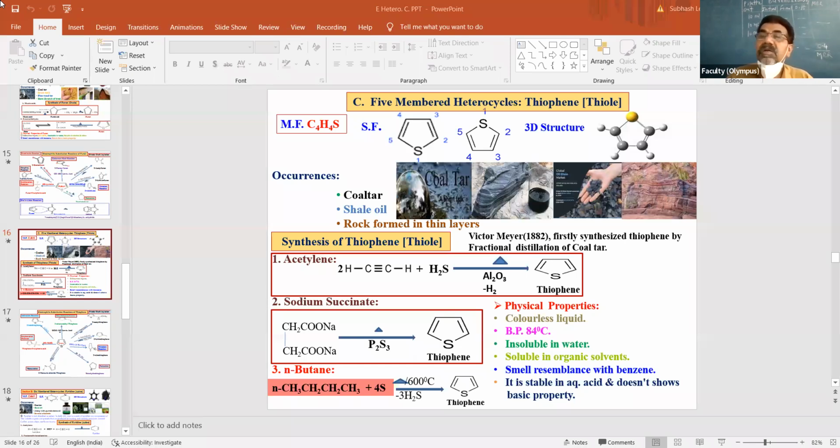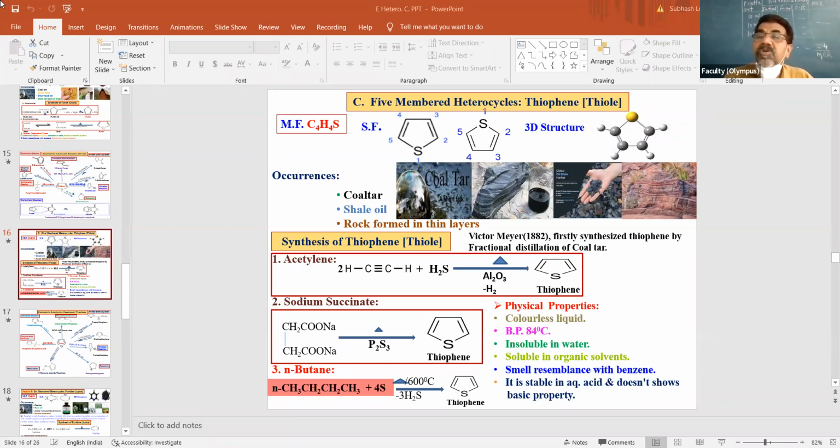That is the third 5-membered heterocyclic compound in your syllabus, called thiophene. Thiophene is also known by its IUPAC nomenclature name, thiole, which is already shown on the screen.